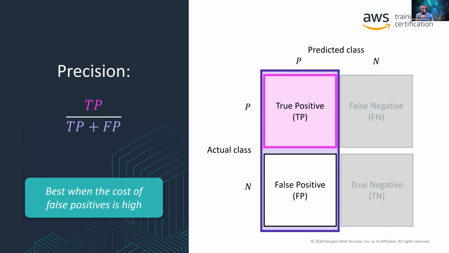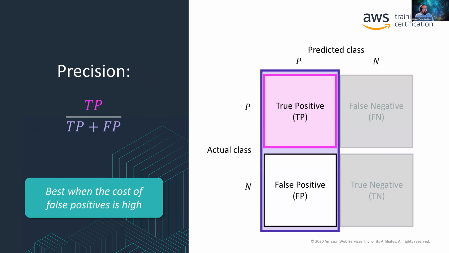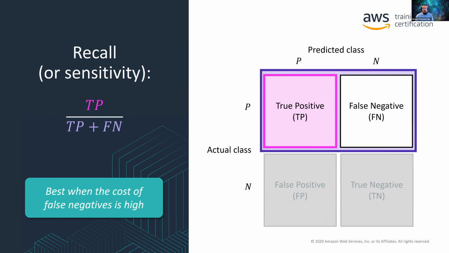Recall is actually doing it out of actual data, because a false negative is actually a positive. A true positive is also a positive. That is the reality, that these were positive, and we're trying to figure out how accurate we were in predicting against reality. With precision, what we're saying is how often were our predictions accurate around the total amount of predictions that we made. So one gauges against predictions and the other gauges against reality.